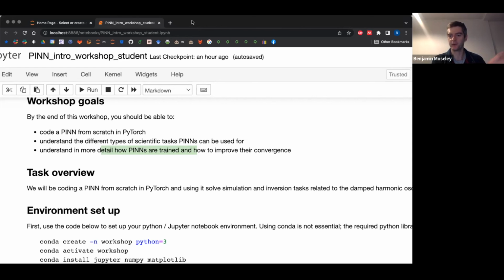PINNs are one of them, but you can make PINNs even more hybrid by combining them more tightly with finite difference and finite element methods, for example using the domain decomposition that I was talking about. To some extent it's people just following the next hot area, but there's a lot left to learn about them.